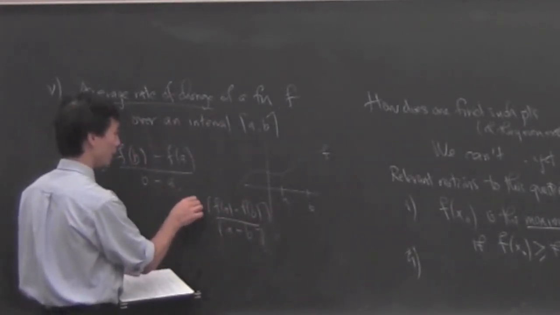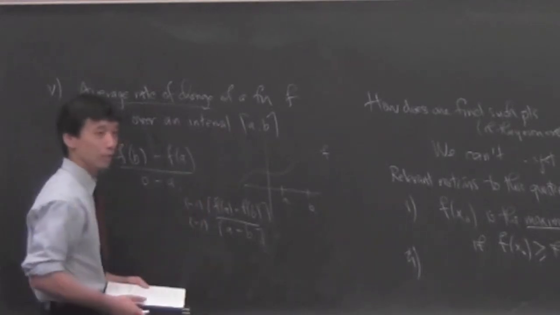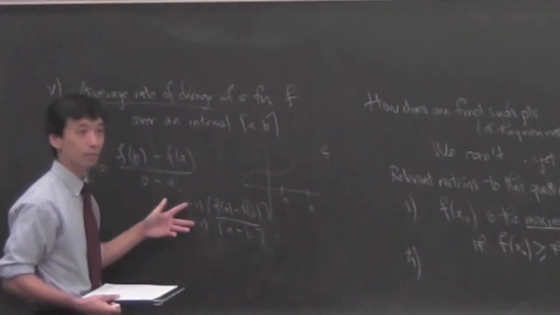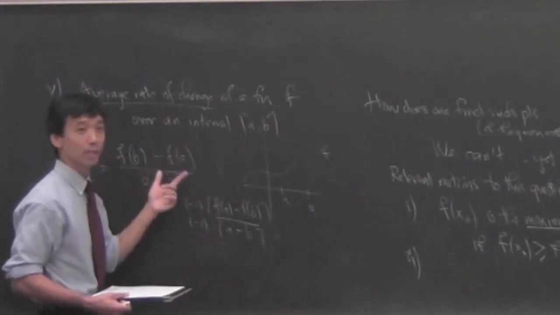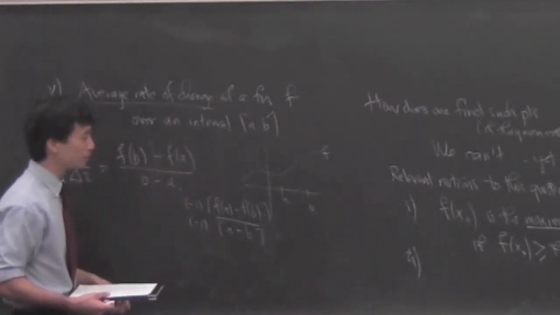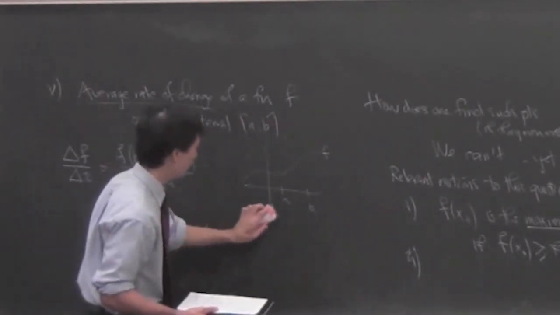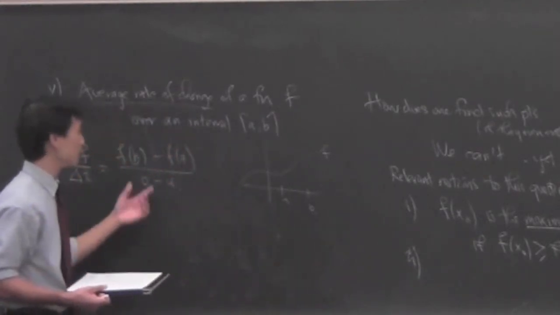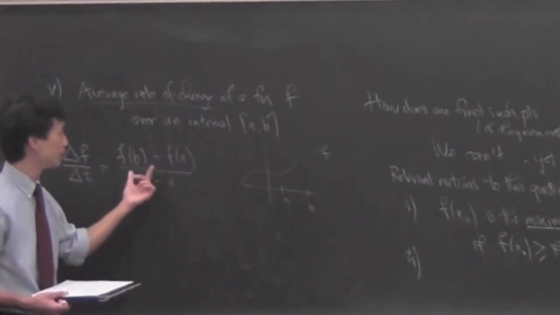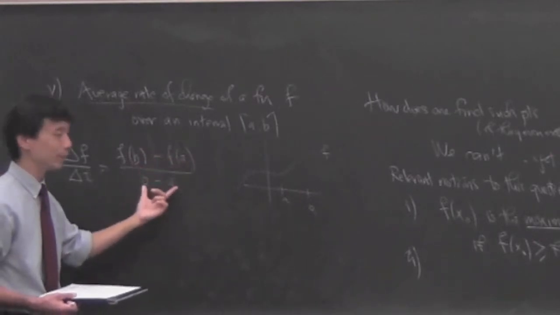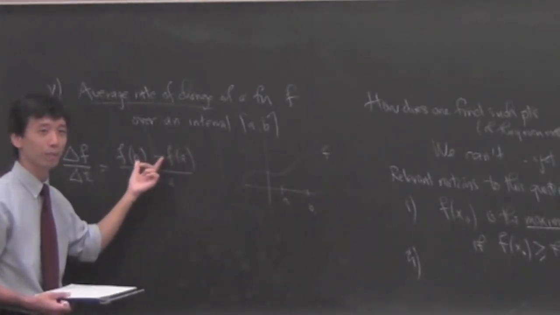I can multiply by -1 on top and bottom, and see that this is the same thing as that. So it didn't matter, as long as your order was consistent. You don't switch: f of b minus f of a over b minus a, or f of a minus f of b over a minus b.